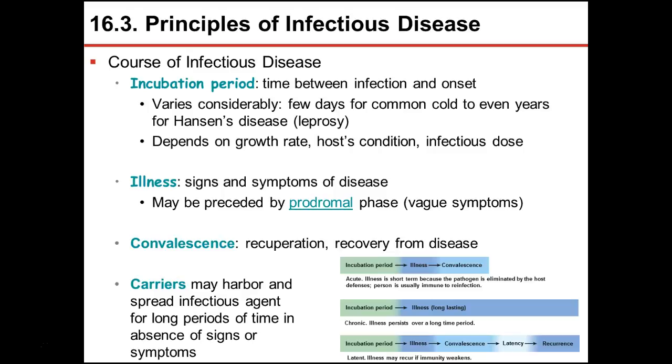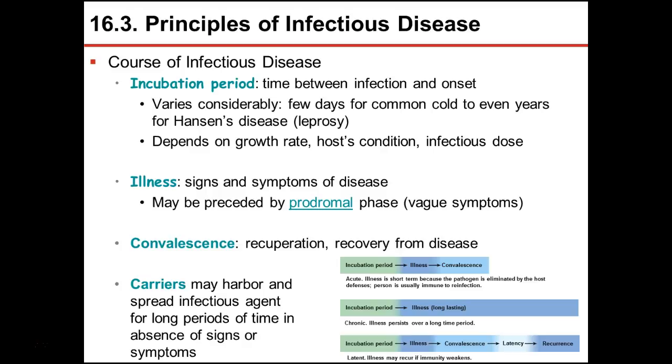Now, the course of an infection is going to have 3 major stages, and the first stage is incubation, and this can vary considerably from just a couple days for things like the common cold and flus to years for things like HIV, Hansen's disease, which is also leprosy, and things like tuberculosis. And so this is all going to vary, and it can also vary depending on the host too.